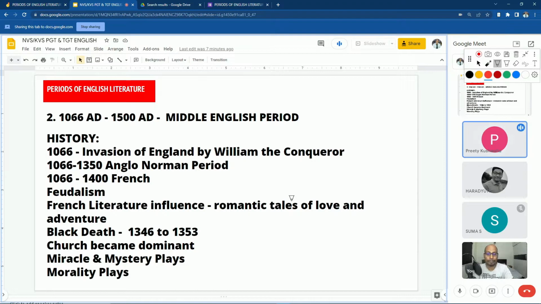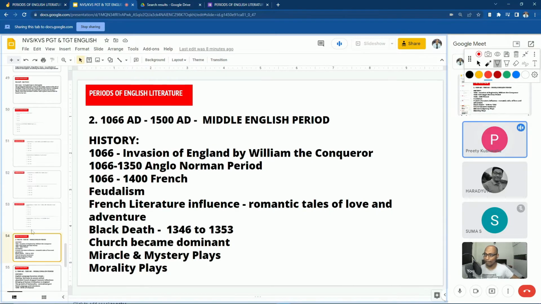450 to 1066 Old English literature. Good. 1066 to 1500 Middle English literature, then 1500 to 1660 the Renaissance period, then 1558 to 1603 Elizabethan age. Correct. 1603 to 1625 Jacobean age.